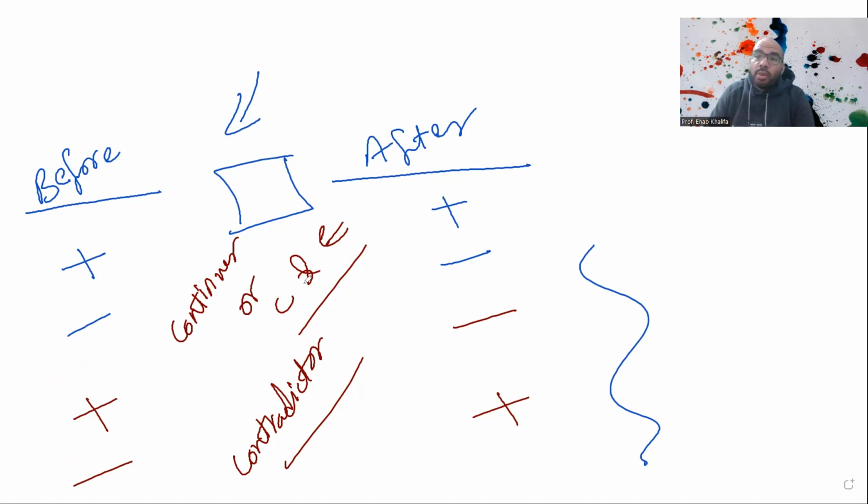But here we have a problem. What if what comes before is positive? What comes after is positive? Of the same type. What comes before negative? What comes after negative? What do I choose now? Mr. Rahab, of course we need a continual. No, it can be continual, it can be cause and effect. So how can we decide?